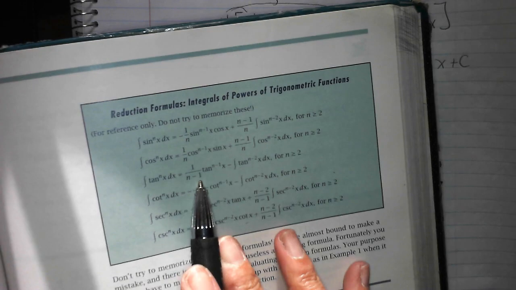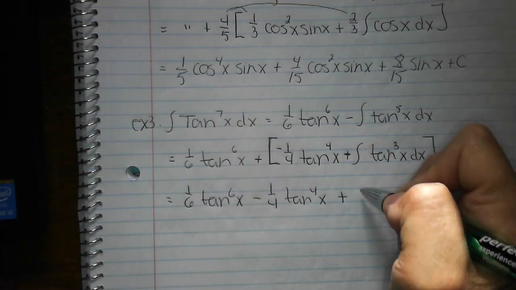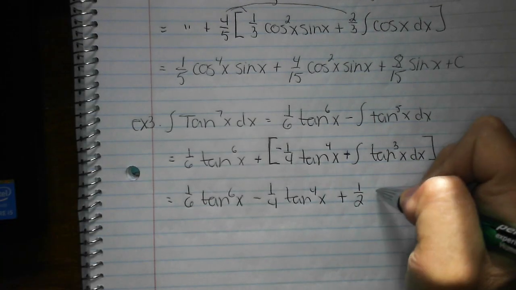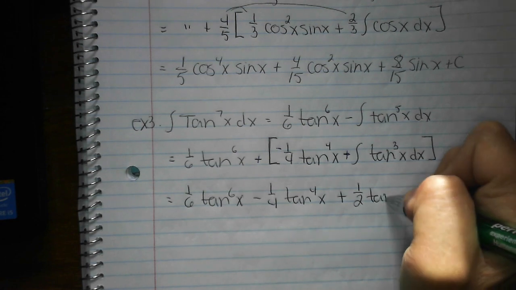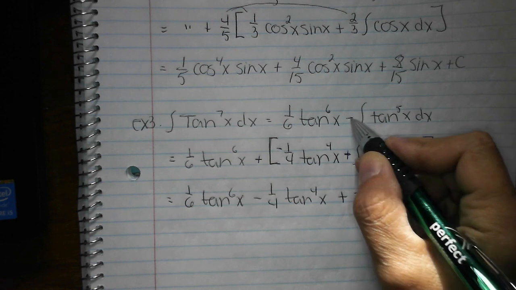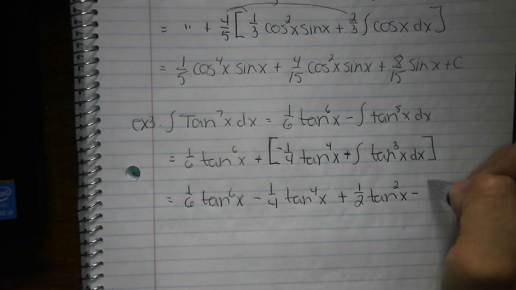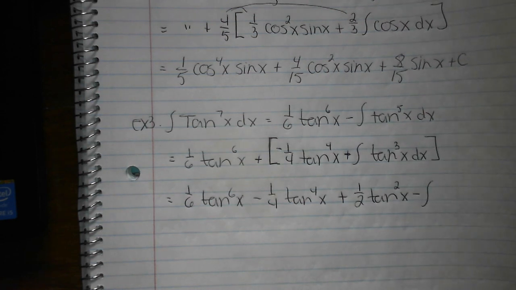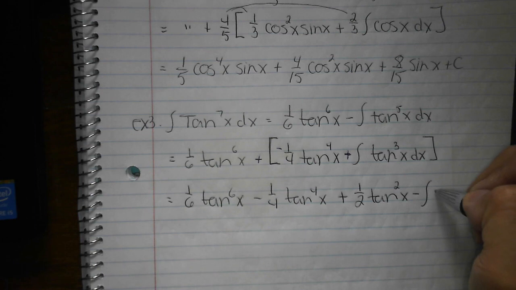So that is 1 over 3 minus 1, be 1/2 tan to the n minus 1 minus integral of tan to the n minus 2, that's the first.